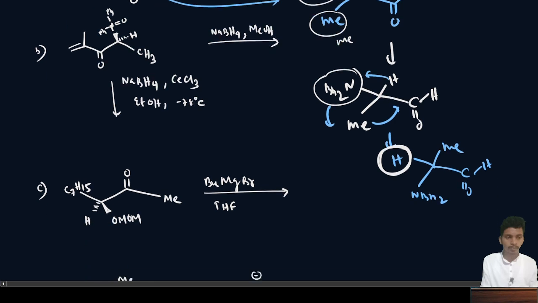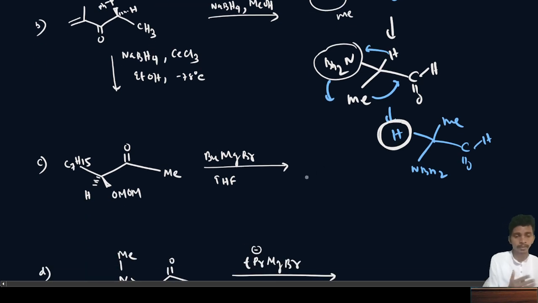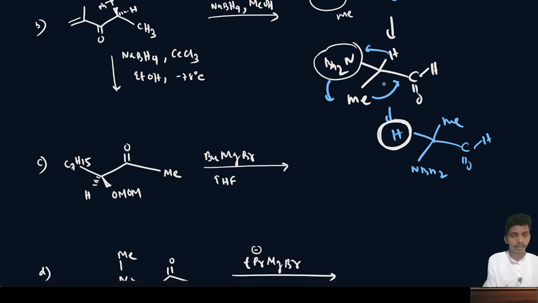If I mentioned anything wrong previously, this is the actual correct one. You look here, this hydrogen is now on the left side. Left means the back side, and right means this. So the incoming reagent will attack from this small group side, sorry, medium group side. The medium group is this, so the attack will be from the above side.